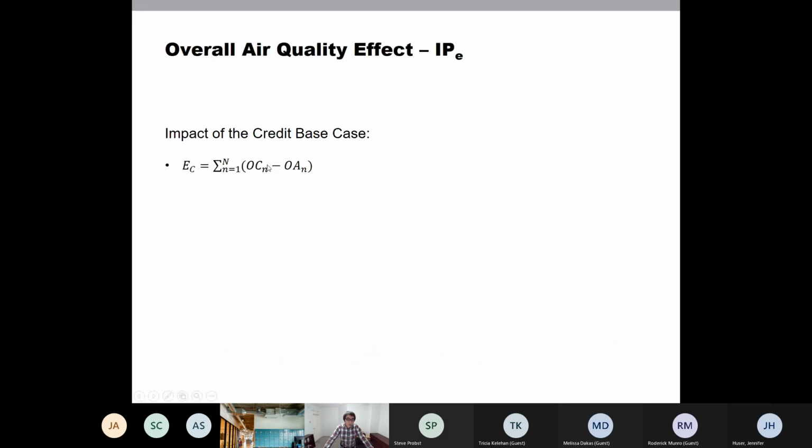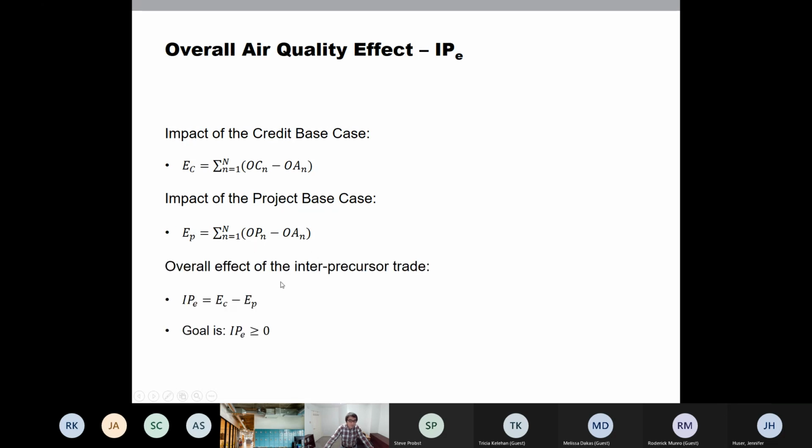We sum all those credit case increases, the effects of the credit, that's the EC. And we do the same analysis for the project baseline case. So how is your project affecting the overall air quality? That's the effect of the project, EP. After we sum all those up, we do this comparison: we use the EC minus the EP.